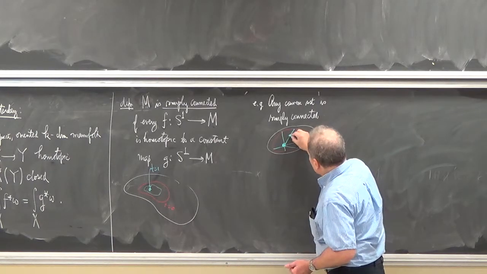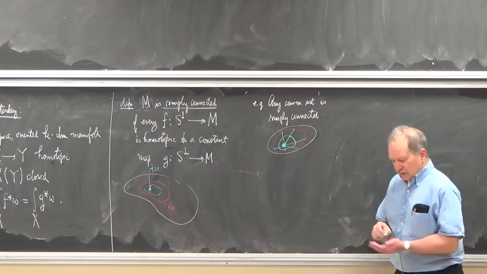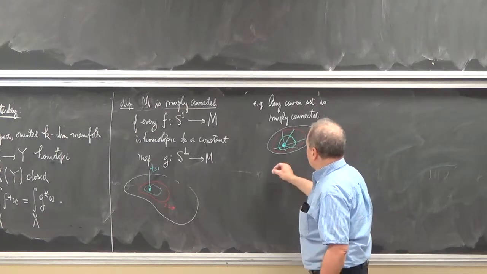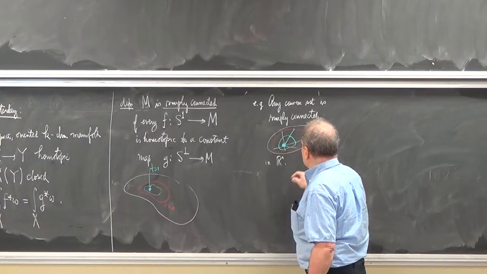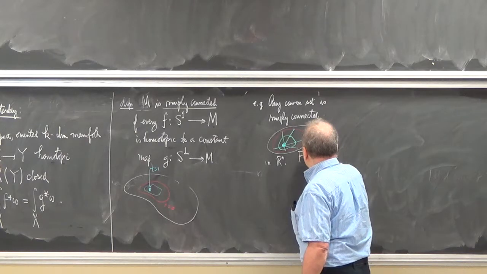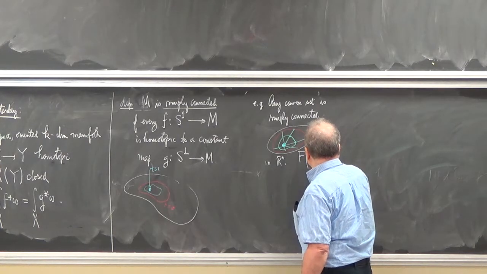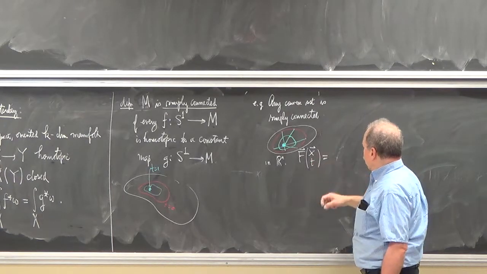So at time a half, you're halfway. I could even write a formula for that if I were in R^n, for example: take f of x, t, and I'm going to join that point to a point x naught.